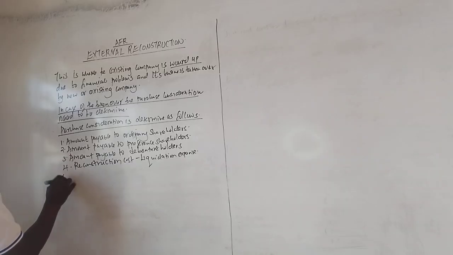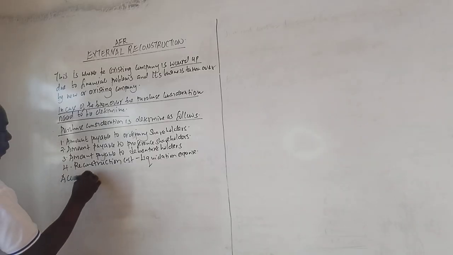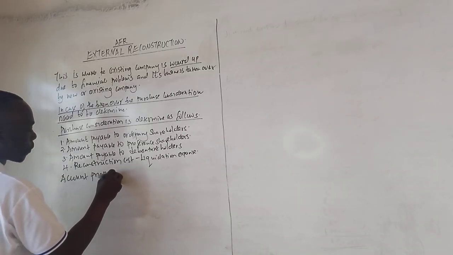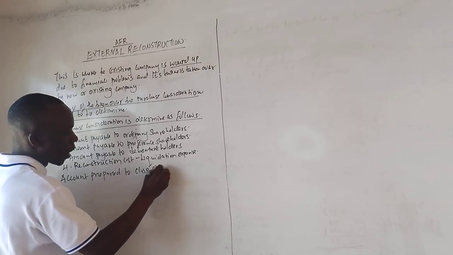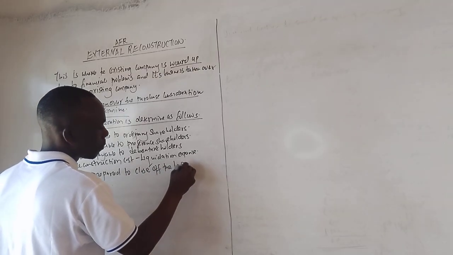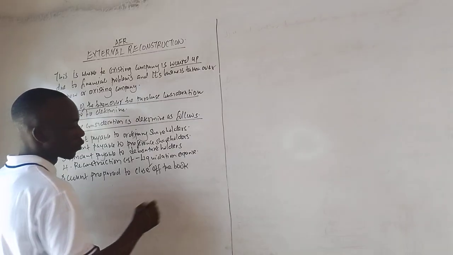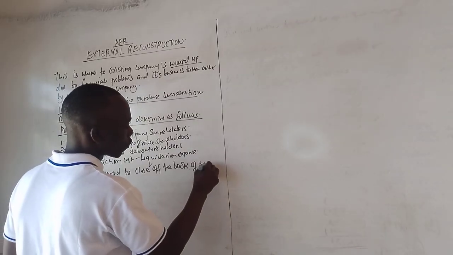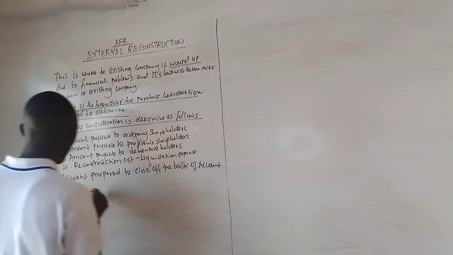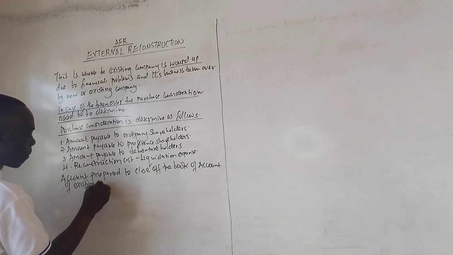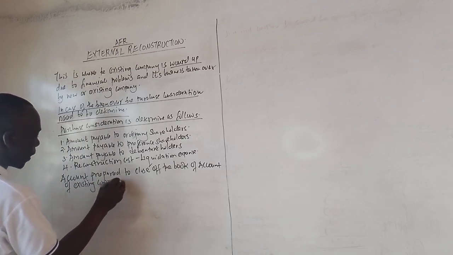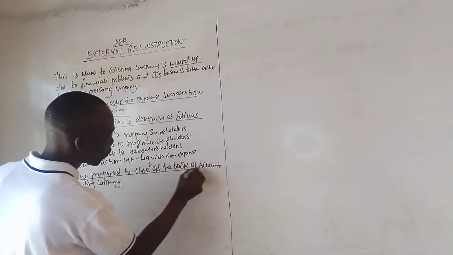Let us look at the accounts prepared to close off the books of account of the existing company. Which accounts are we going to prepare?